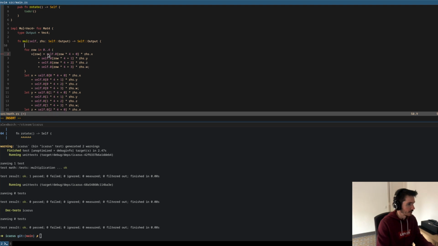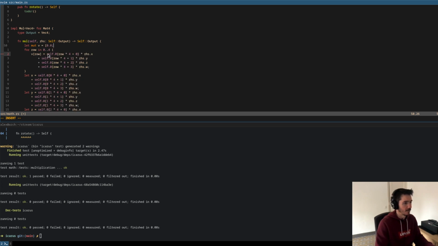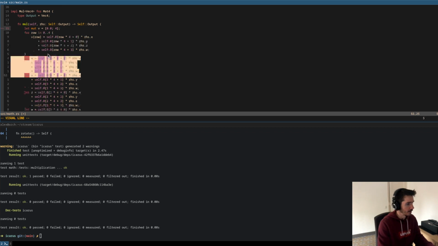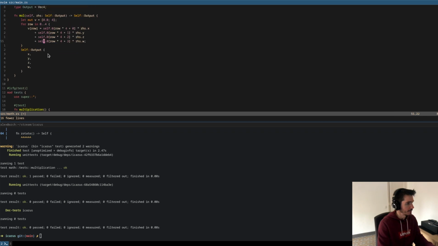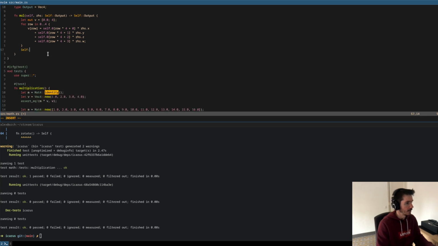Now we just need to define this v, which is just going to be an array of 4 floating point numbers, and we can get rid of all this repetition and add self.output new, V0, V1, V2, and V3.